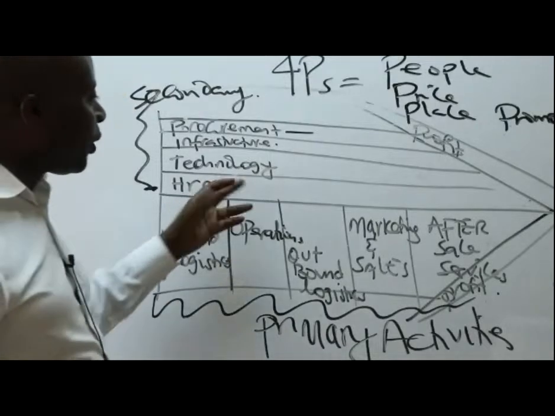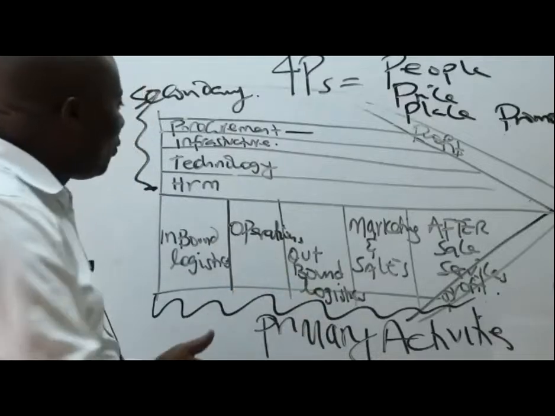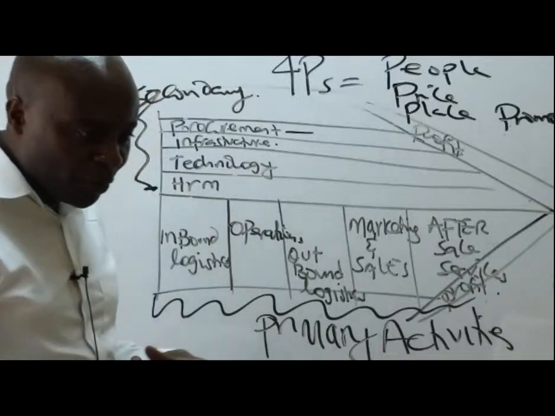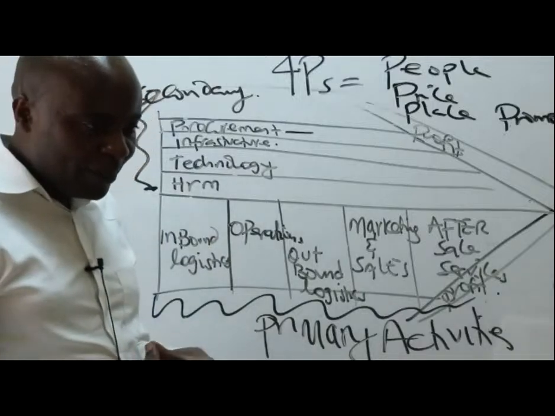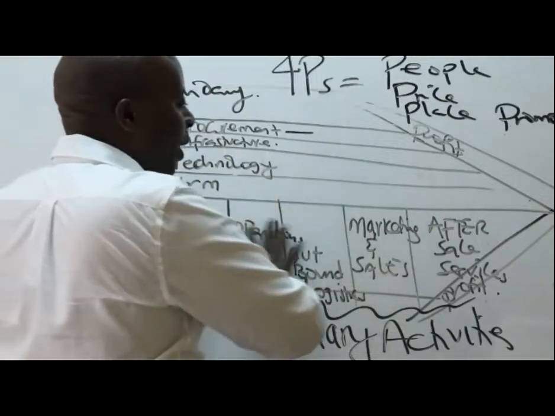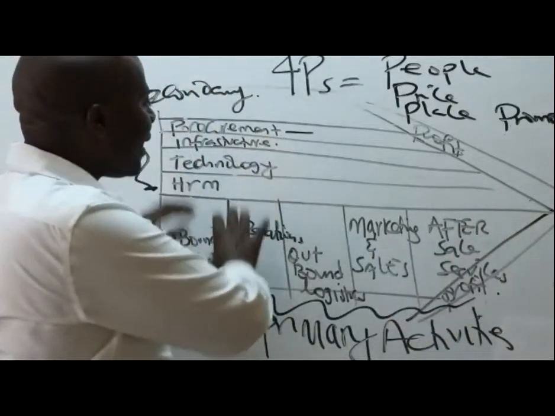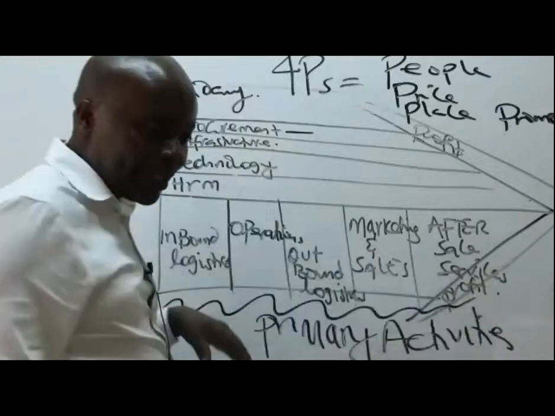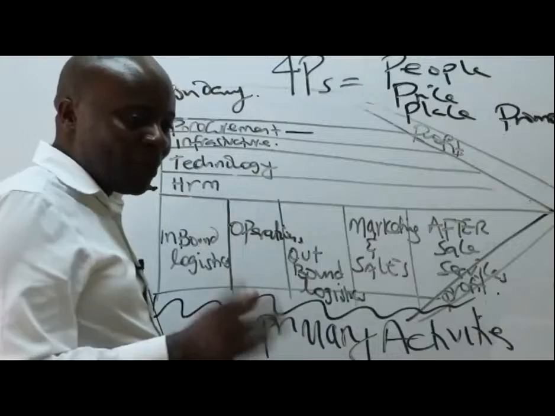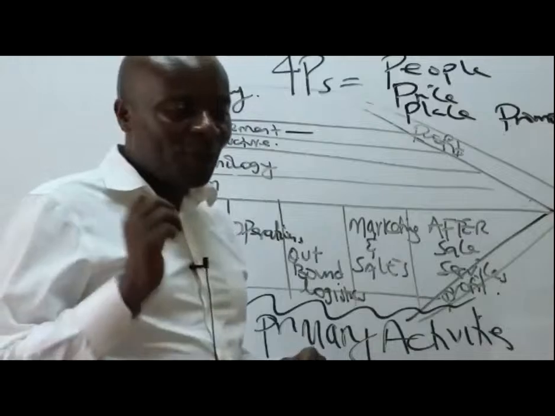We are looking at technology from the accounting department, technology used in the kitchen, if you are a hotel, etc. And then you need the human resource management. Of course, ladies and gentlemen, these secondary activities are sitting right on top of the primary activities, meaning that the secondary activities are here to serve each of these departments. So Purity, what I recommend is that you need to watch today's video.